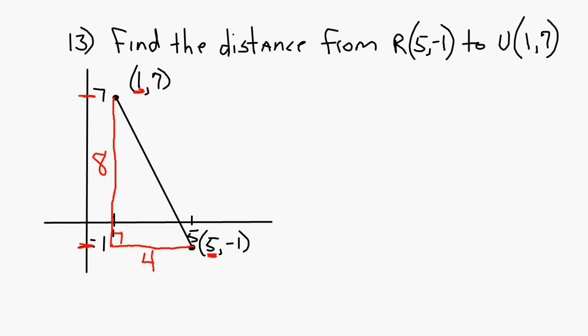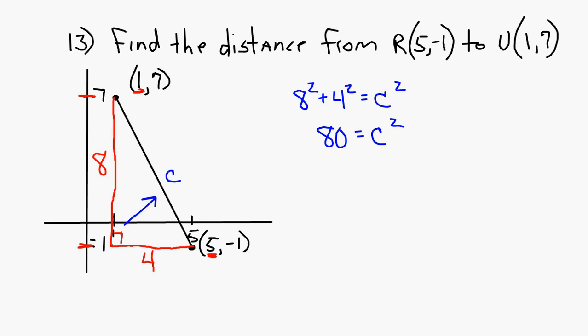Uncle Pythagoras says that 8 squared plus 4 squared equals c squared, which is our side C. So hit it in the calculator. 8 squared plus 4 squared, that's 64 plus 16. 80 equals c squared.